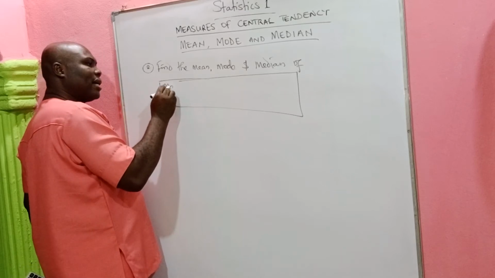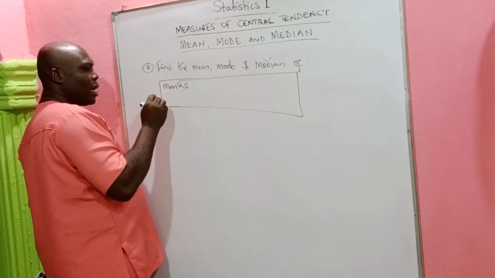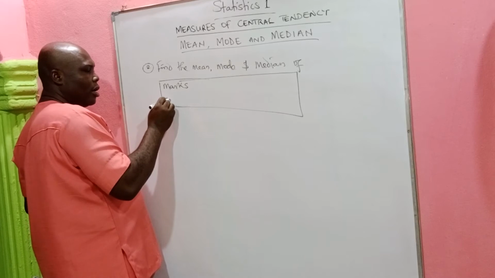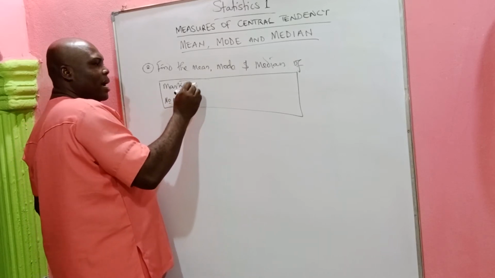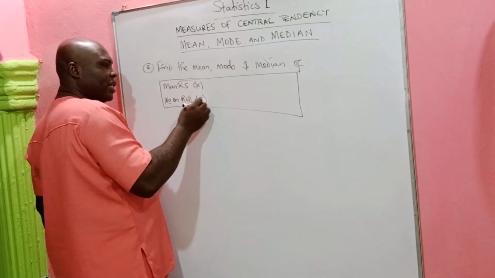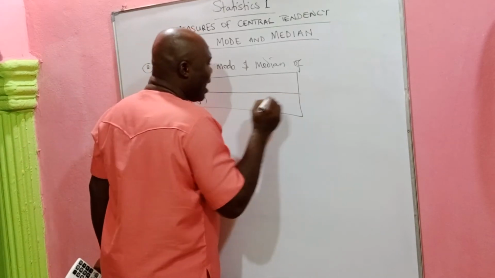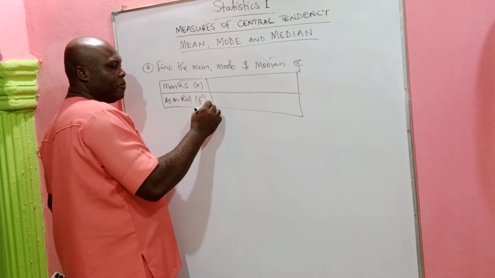Now these are the marks and then the number of rows. The marks are x, and the number of rows f tells you how many times the mark occurred. That's the frequency.